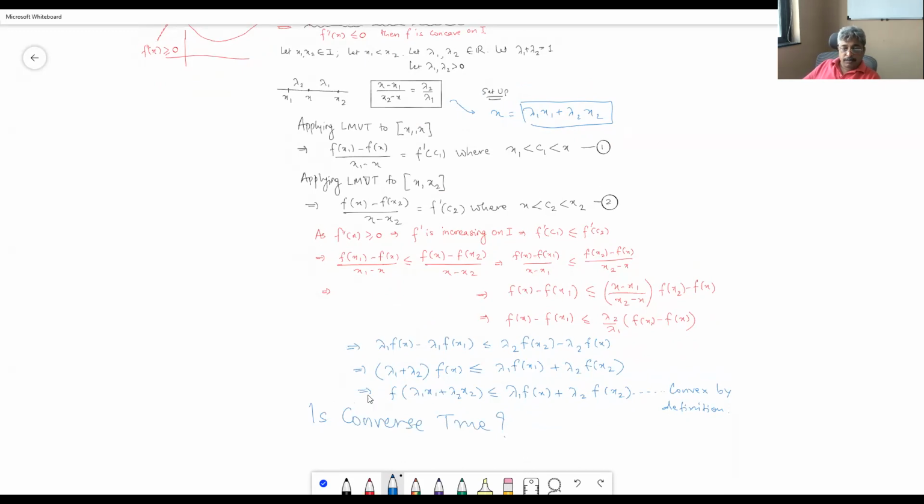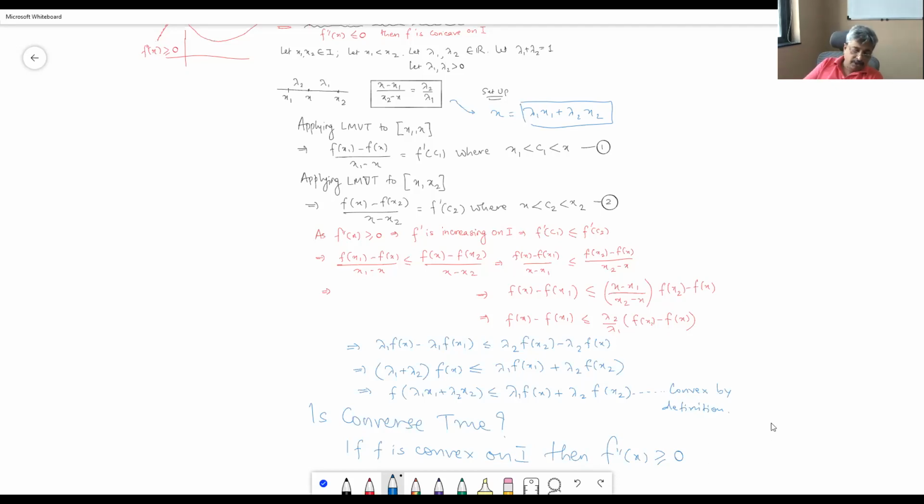What will be the statement of the converse? If the function is convex on I, then f double dash of x is greater than equal to 0.